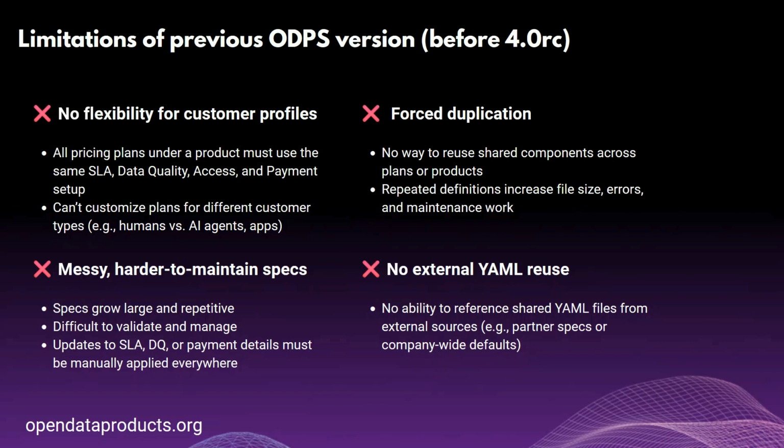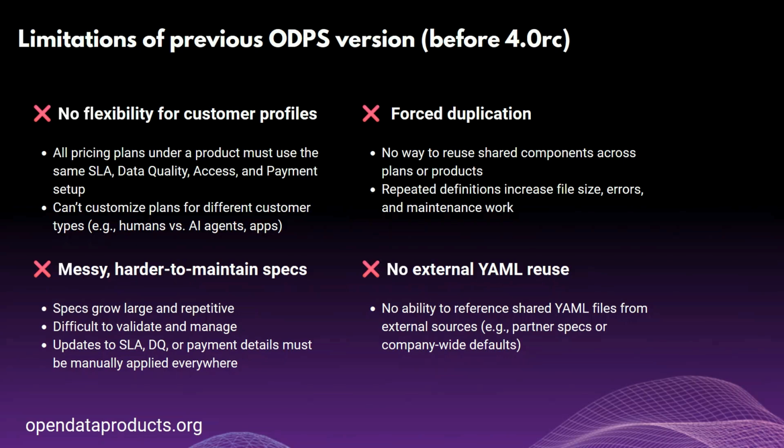In the previous versions, the data quality, SLA, access and so on are defined in specific objects inside the ODPS. Those are defined once, and then you need to use those in each of the pricing plans. As we know, the pricing plans might have different data quality levels for each plan, or a different kind of SLA. You don't want to put the same SLA for the freemium as you do for the enterprise level, for example.